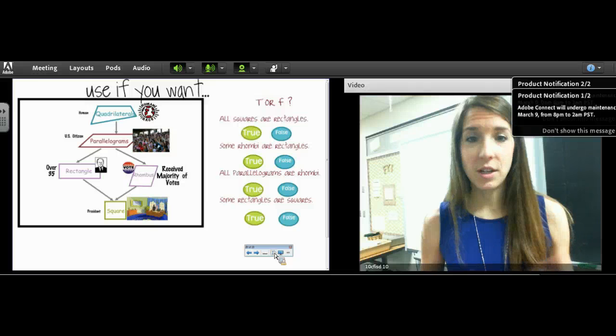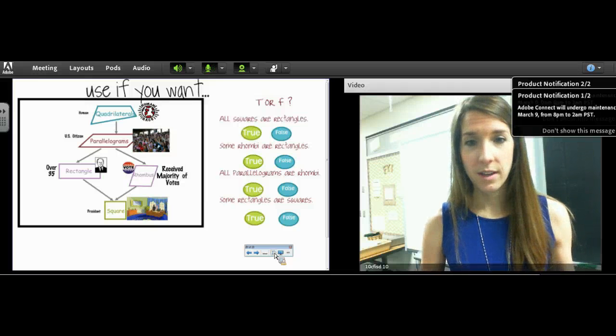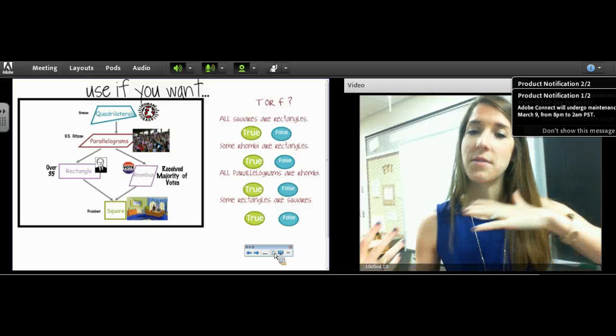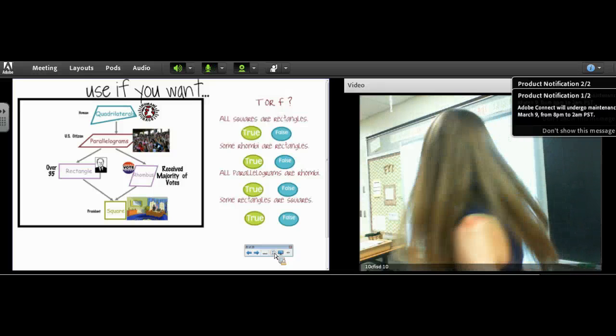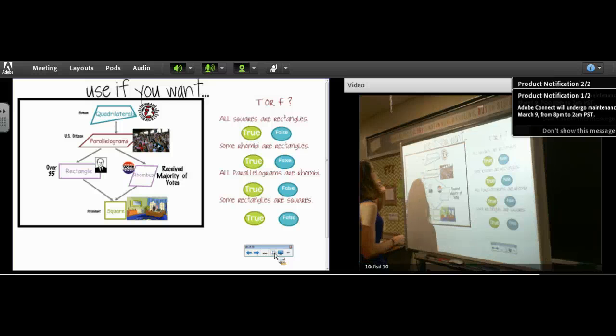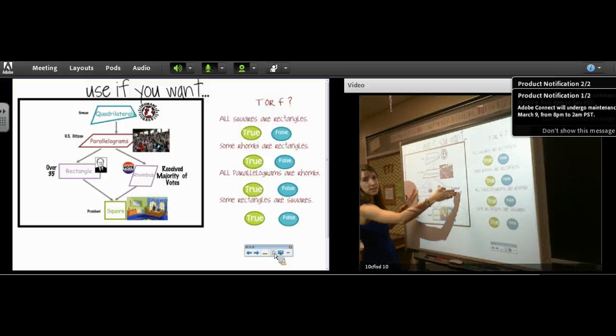Some U.S. citizens are over 35. And some U.S. citizens receive the majority of votes in an election.